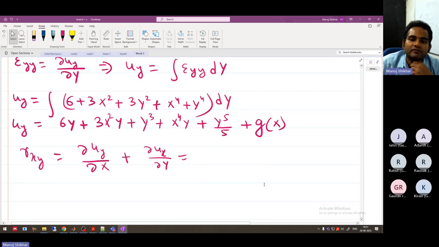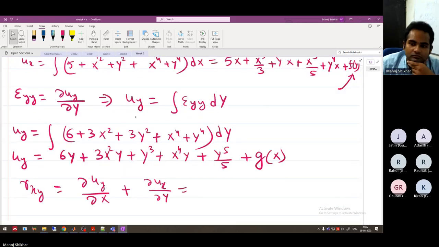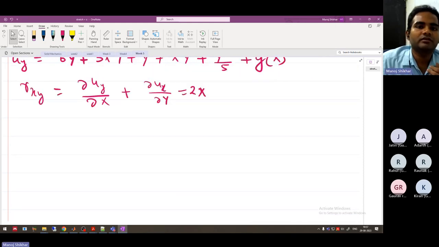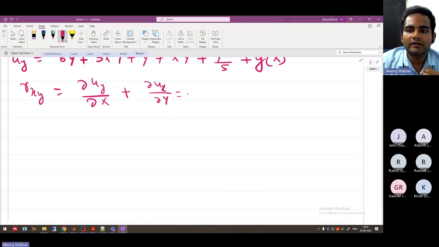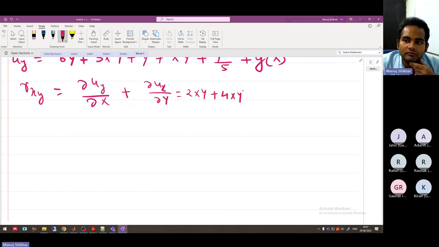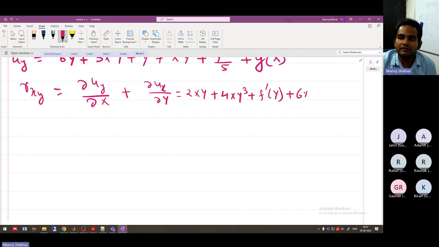Substitute that here and you will get 2xy plus 4xy cube plus f prime y plus 6xy plus 4x cube y plus g prime x.